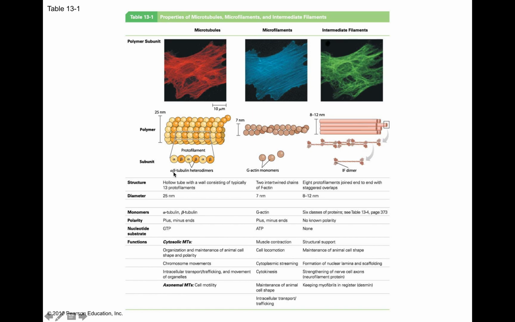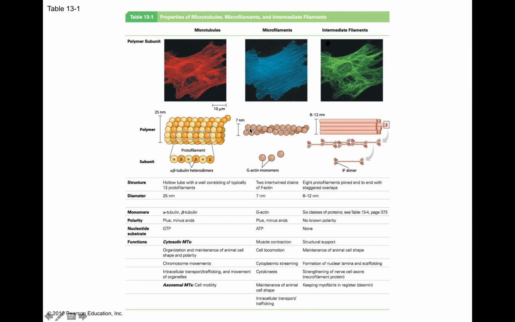These are two types of tubulin that have different amino acid sequence, but they have very similar three-dimensional shape. And they have similar characteristics in that they both bind GTP, and they form these large diameter filaments, 25 nanometers across, and the filament is hollow in the middle.